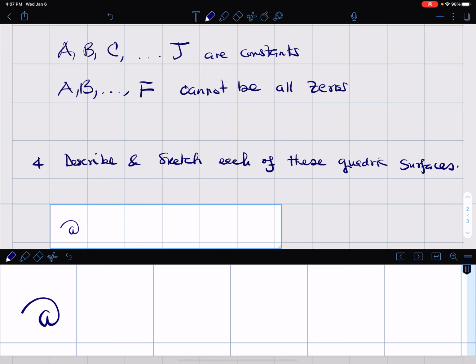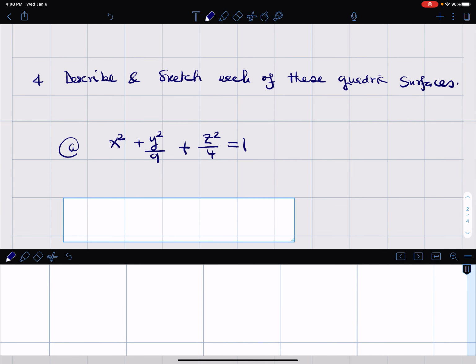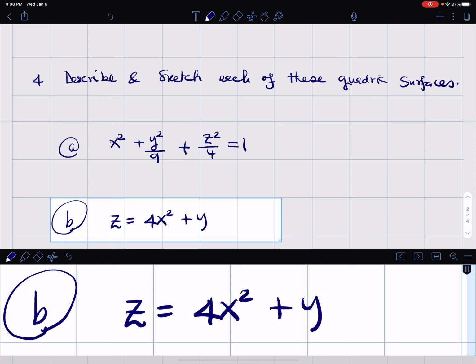The first one is x squared plus y squared over 9 plus z squared over 4 is equal to 1. The next one, actually this part b might be a little easier: z is equal to 4x squared plus y squared.